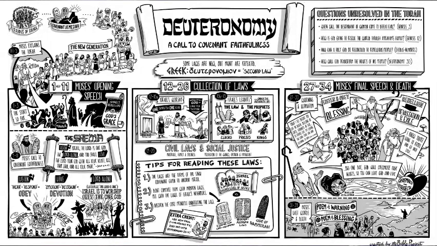And then the final section of the book, the concluding events, 31 through 34. In 31:1 through 8, you have the change of leadership. Joshua will become the new leader of Israel. And then the future reading of the law, that's 31:9 through 13.